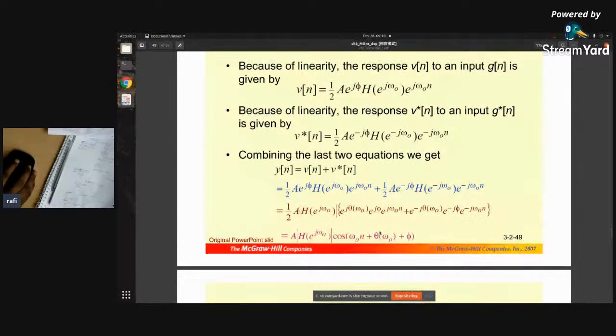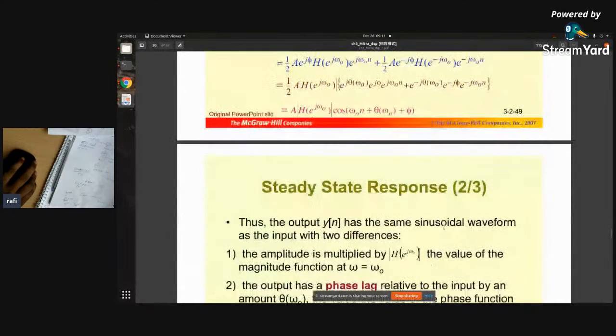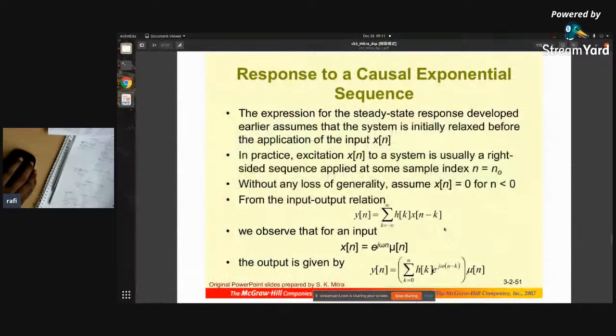How the magnitude changes depends on the frequency response of the system, h of j omega. At that frequency, whatever magnitude the system has, the same magnitude gets multiplied with the amplitude of the signal, and whatever phase the system has, the same phase gets added to the input. That is for any signal, not only a sinusoid, which we will see later.